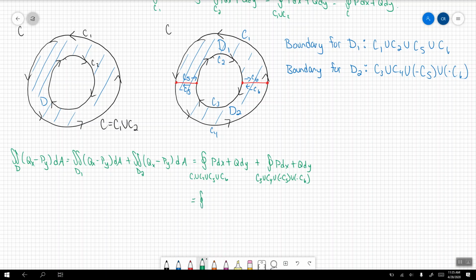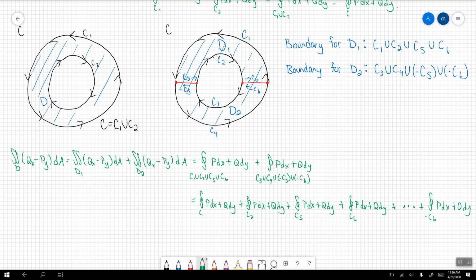If we expand this line integral, we get C1 for P dx plus Q dy, then plus the integral for C2 of P dx plus Q dy, plus the integral for C5 of P dx plus Q dy, plus the line integral for C6, that's going to be P dx plus Q dy, plus, and we're going to keep going till we get to the line integral for this very last one, negative C6, and that's going to be for P dx plus Q dy.